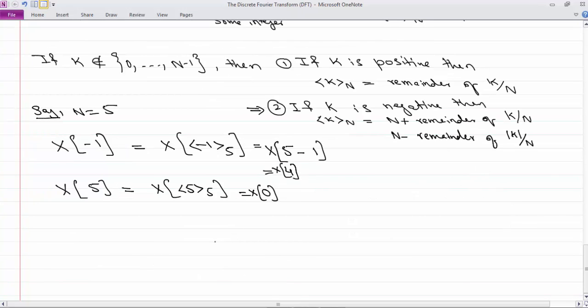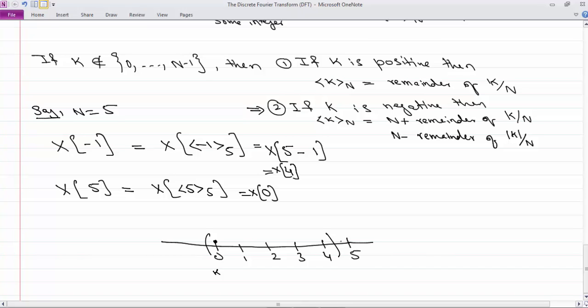Effectively what this is saying is, if I have 0, 1, 2, 3, 4, so this is k, this is your main DFT sequence. Whatever the values are, I'm not writing the values right now. Now the sequence starts repeating itself.